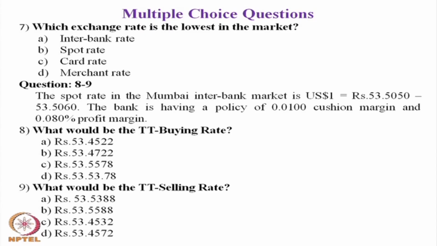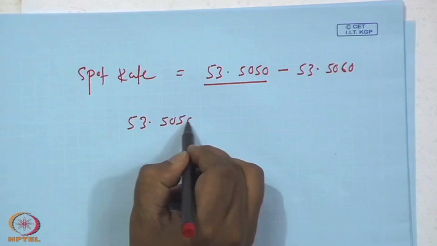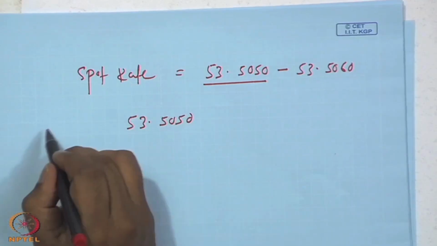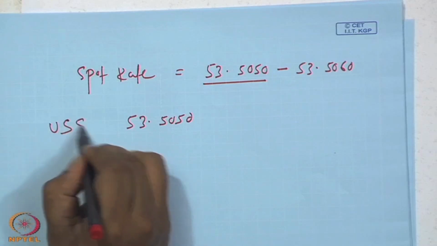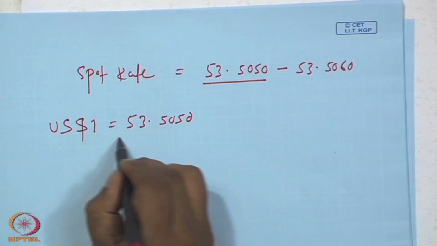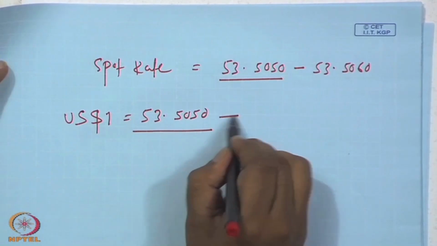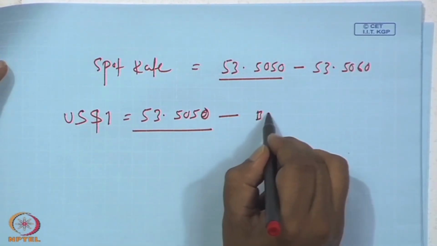When you sell the foreign currency, the banker will give you the lower rate, 53.5050 per US dollar. This is the base rate.